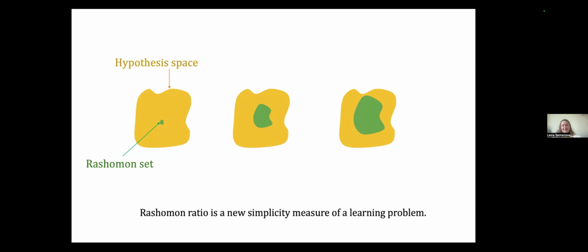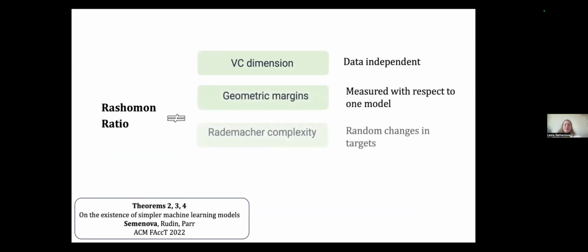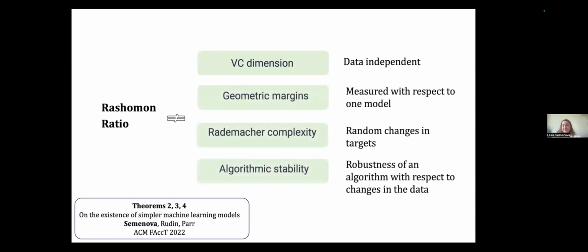Interestingly, as a simplicity measure, it's different from other complexity measures, such as VC dimensions, geometric margins, Rademacher complexity, and algorithmic stability. It's different for different reasons, and I use illustrations to show that. For example, VC dimensions are data independent. Geometric margins are measured with respect to one model; they don't take multiplicity into account.